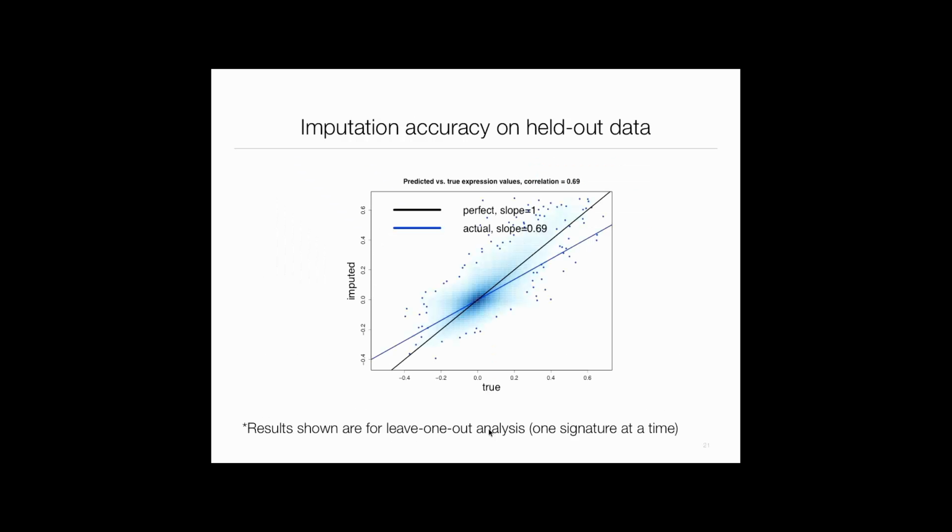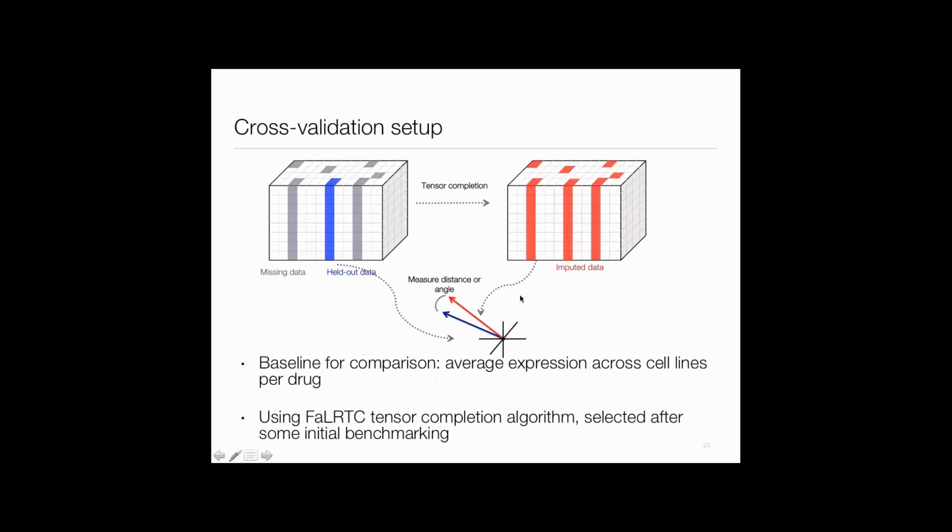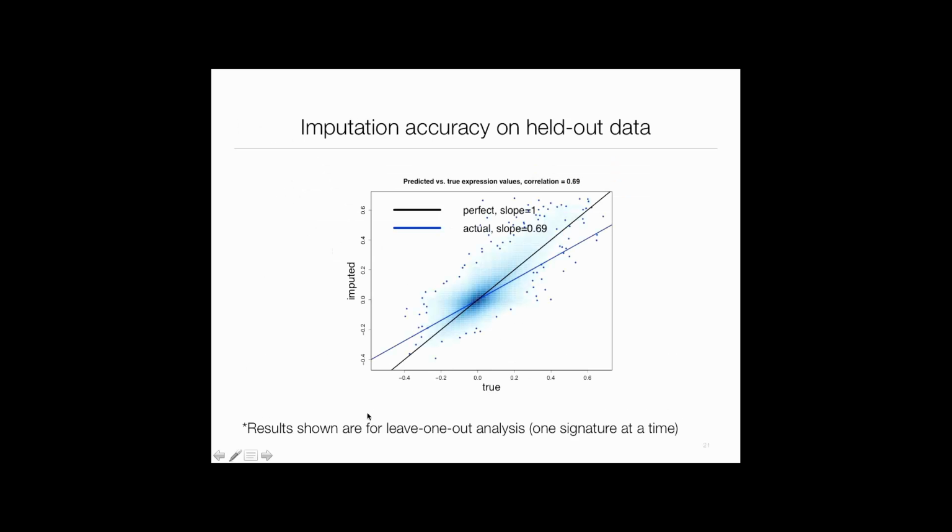And so here are some results of the accuracy when I ran a leave-one-out analysis. So in other words, I reran this process, holding out one signature at a time. And I did this for every possible signature that's in the L1000 tensor. And then I looked at the results. So on the y-axis, I have the imputed values, and on the x-axis, the true values.